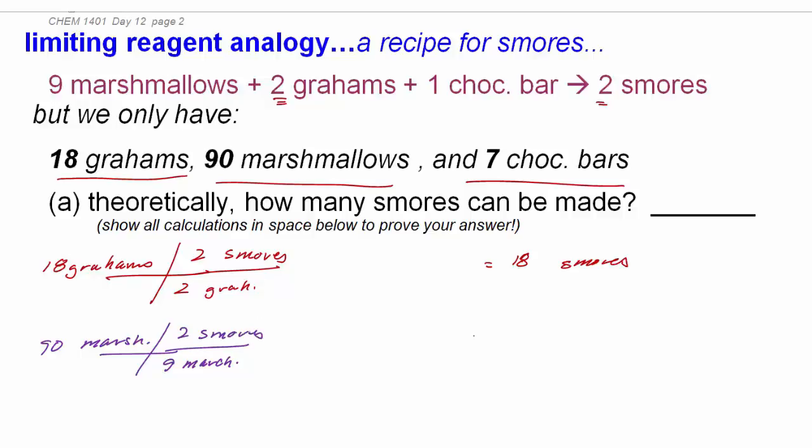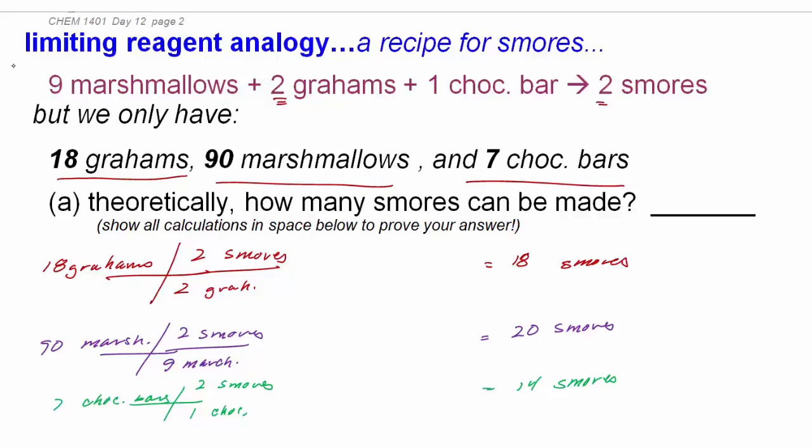So what is that, 10, 20? 20 s'mores. We have 7 chocolate bars. How many s'mores can you get out of that? Well, for every 1 chocolate bar, you have 2 s'mores. So that would be 14 s'mores.